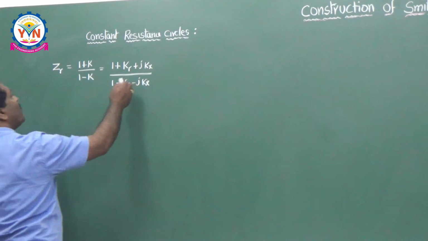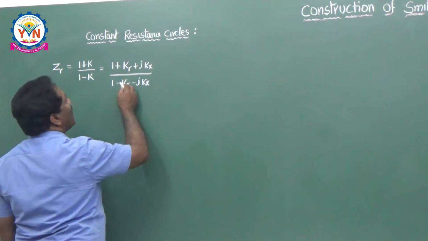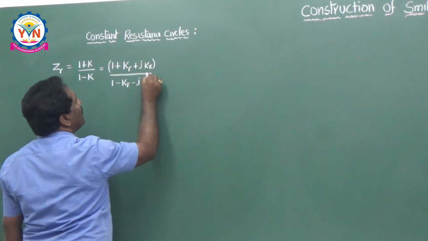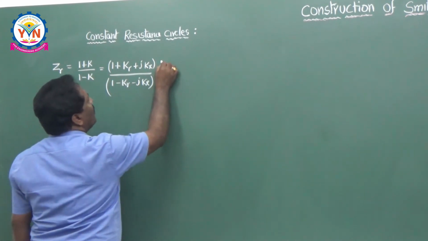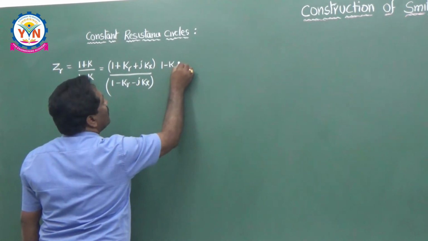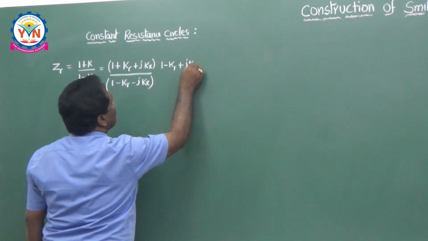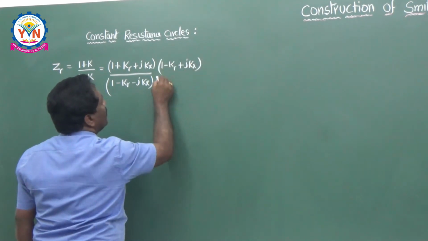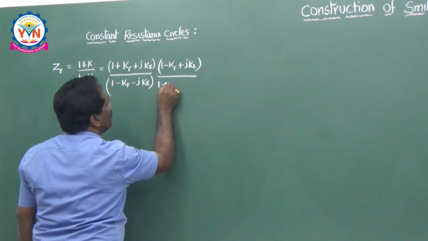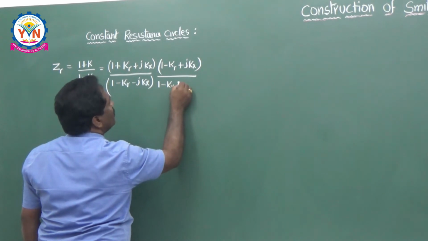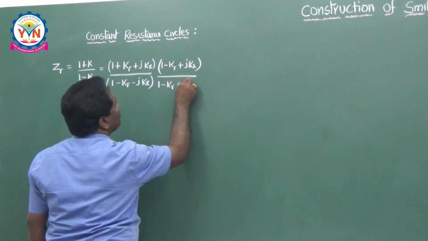So, if you do some mathematical arrangement, I would like to multiply the numerator and denominator by 1 minus kr plus j kx.